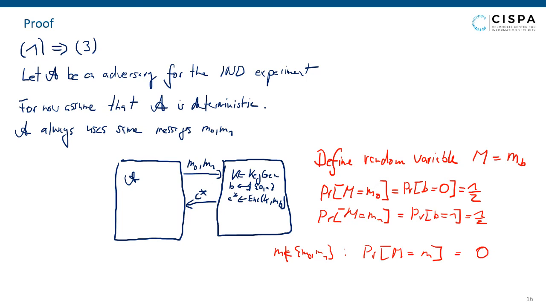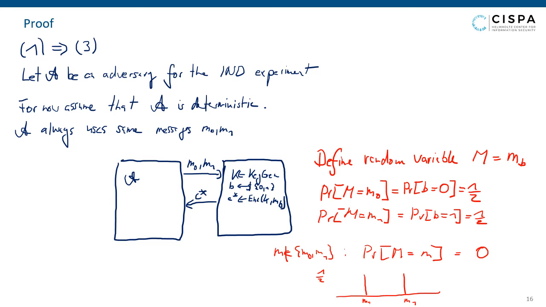So if you want to write this distribution of our random variable M as a function graph, it would be 1/2 for the messages M0 and M1, and the distribution function would be 0 everywhere else.